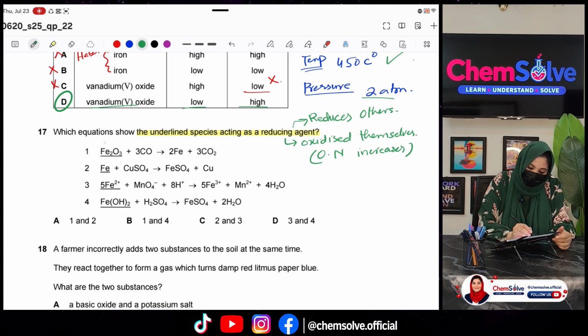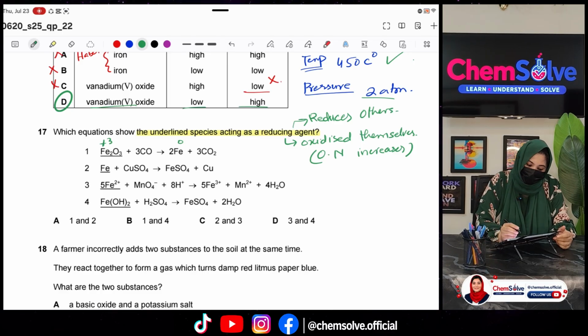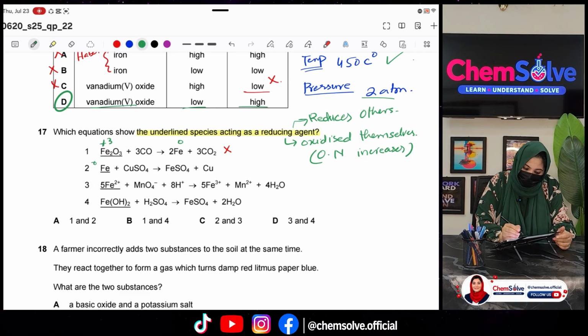So here iron is positive 3 and here iron is 2. So from positive 3 to 2, it means this option is incorrect. Then here iron is 0 and here it is positive 2. So this is correct.